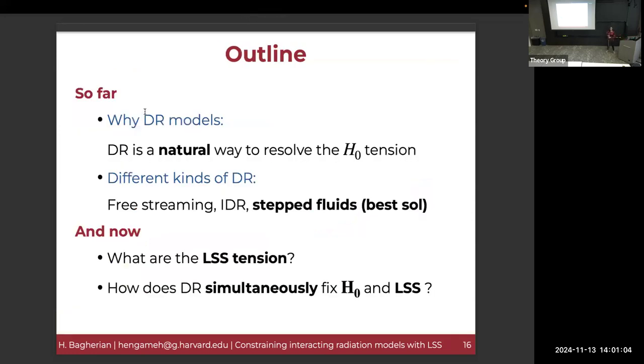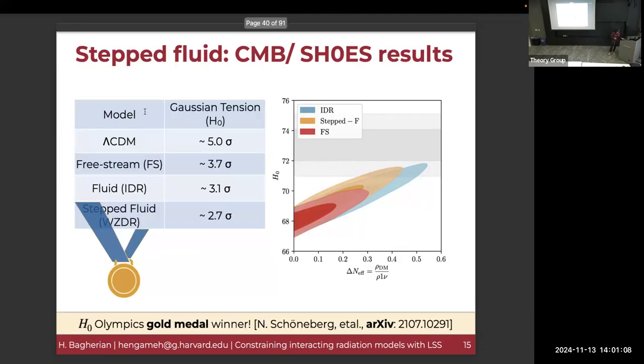What would be the value for the 2.7 sigma that you obtain? How much can you improve? It's clear that other things are getting spoiled when you go up the ladder. What is the 2.7 sigma of? This is comparing to the 5 sigma that Lambda CDM was giving you. Is it just H naught, or all cosmological parameters?